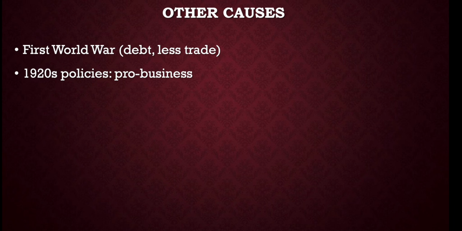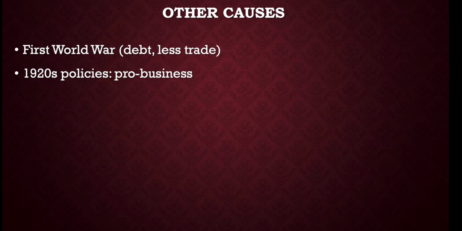So businesses that are dependent on foreign trade are going to be struggling during the 1920s due to the First World War. And in the 1920s, the policies were very pro-business, which helps those businesses grow, but they're not being regulated to make sure that they're actually solvent, so to speak, and that they're actually the value that their stocks say they are. Then that can come back to bite smaller businesses and individuals later on. And that's what actually happens.